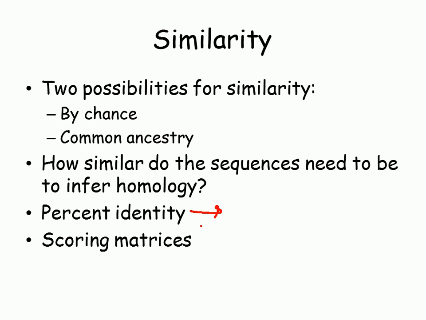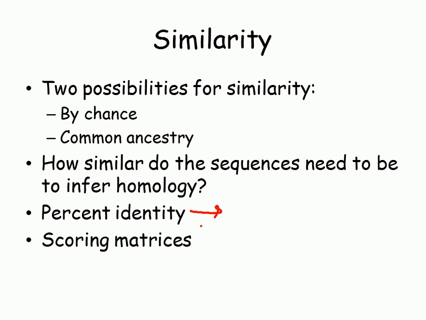But alignment score is actually more sensitive because now you're not only looking at the identical residues, you are also looking at compatible amino acids. So two amino acids do not necessarily have to be identical, but they could serve the same function in a position. Scoring matrices allow you to score that compatibility.